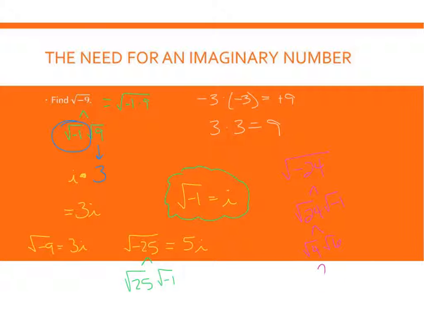So that's going to give me a 2, a square root of 6, and then this over here gives me an i, and we're going to put the i for our answer. It's going to be 2i square root of 6. So that's why we need an imaginary number, so we can do these problems and then kind of how to simplify with them.